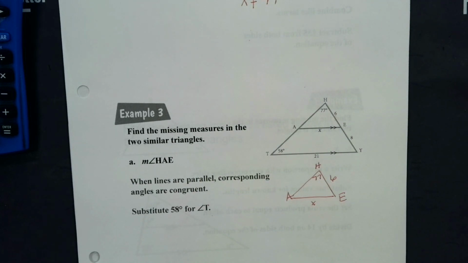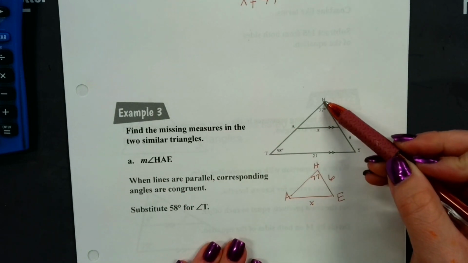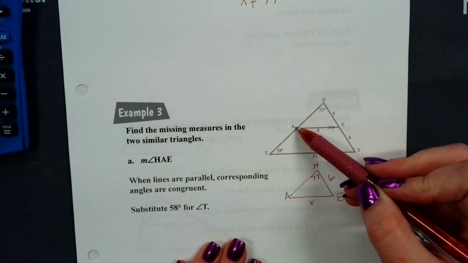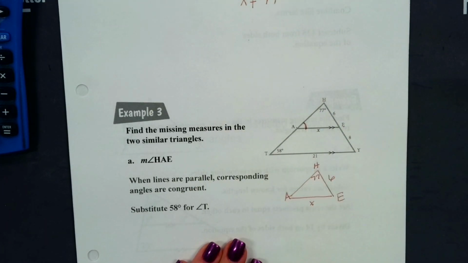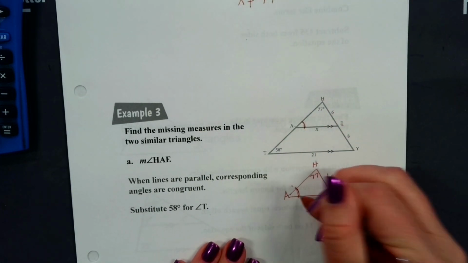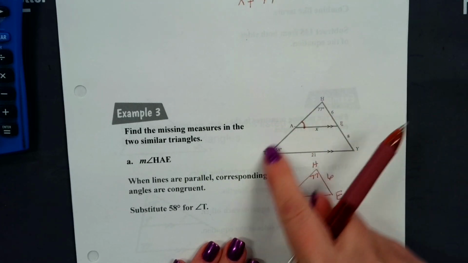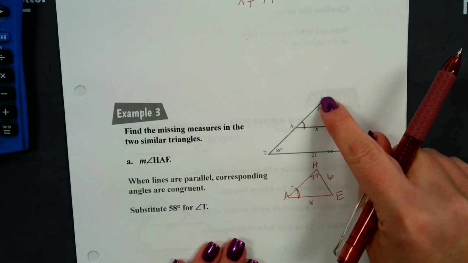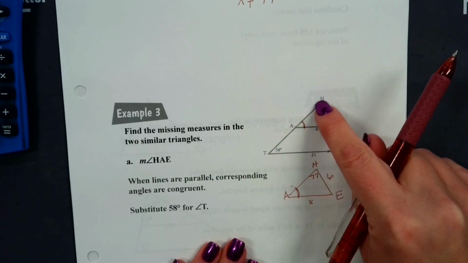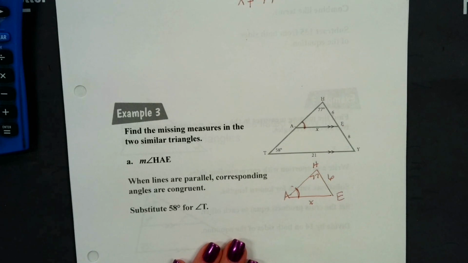Okay, so what it's asking for is to find the angle measure of H. So we start at H, A, E. So this angle right here. If I pulled it out, looking at this, what would it correspond to in the big triangle? So here's your big triangle. What would this angle correspond to in the big triangle? 58.